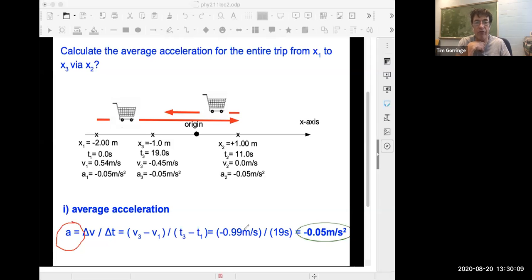The velocity went from plus 0.54 to minus 0.45. And then here's the acceleration. This is the same number as the individual accelerations in this case. Look, it's the same number as this one, same as this one, same as this one. That's because this was constant acceleration motion.